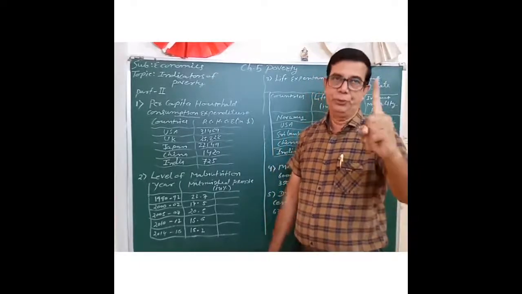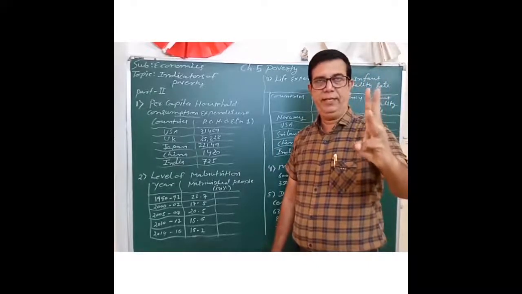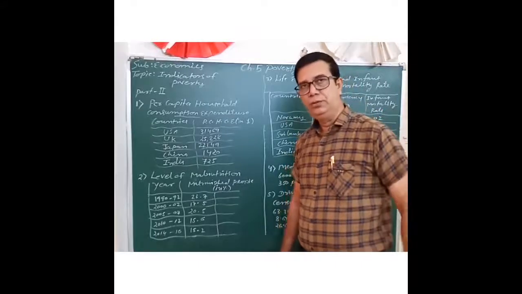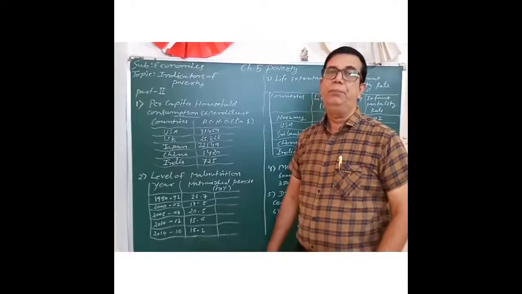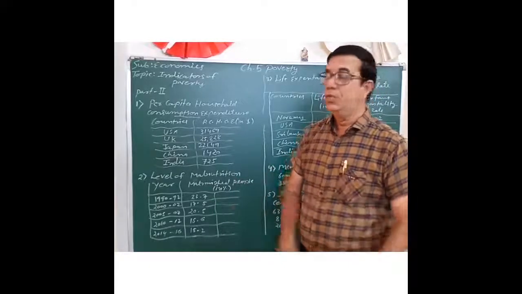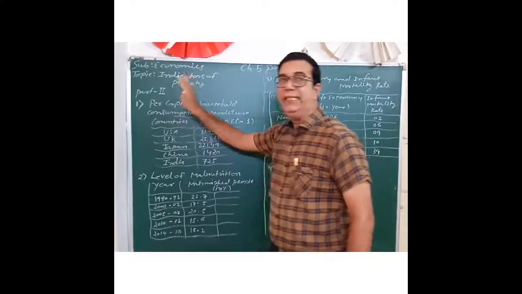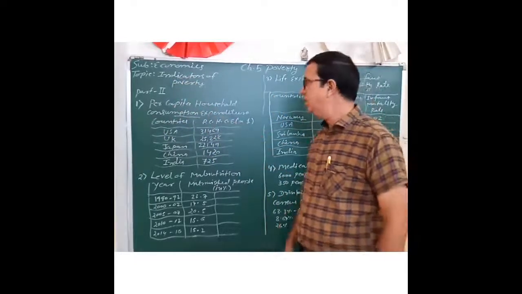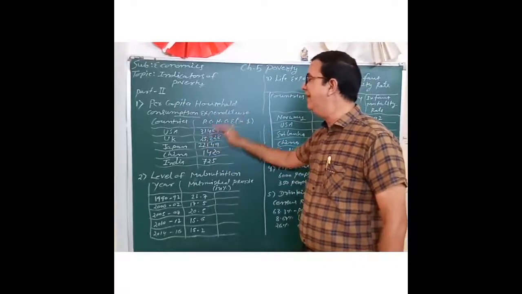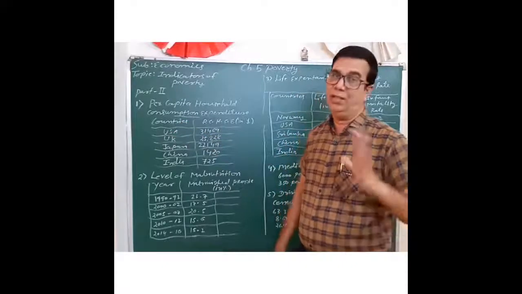That means food, clothing, housing facility, education, health. So in India, people living below poverty line. By this we can say in India poverty is there, because per capita household consumption expenditure is less compared to the other countries in the world.